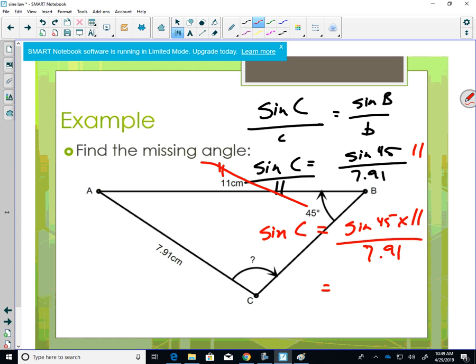Now the problem with angles is, I'll show you here. We're going to do lots of practice ones. With your calculator, we're going to go sine 45, or 45 sine for some of you, times 11, equals, divide by 7.91.